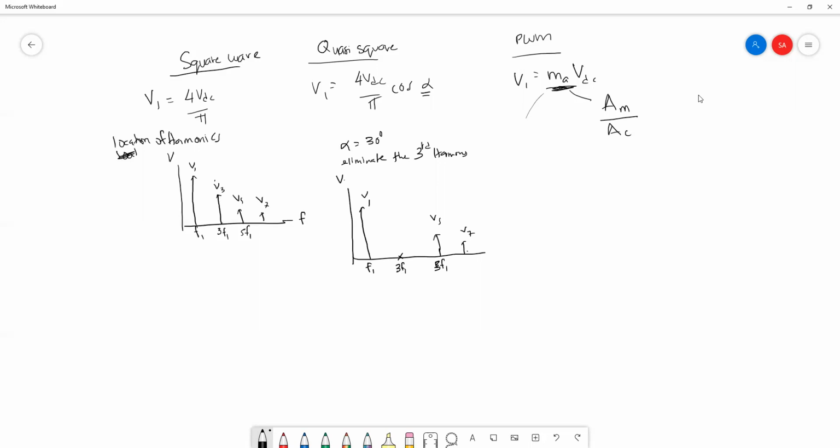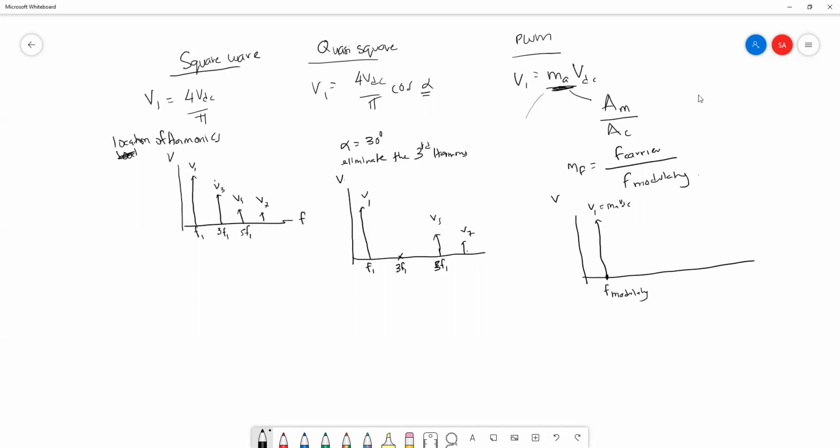For the PWM, depending on your frequency modulation ratio, which is the frequency of the carrier over the frequency of the modulating signal, your output spectrum will have V1, which is MA times VDC, at a frequency depending on F modulating.